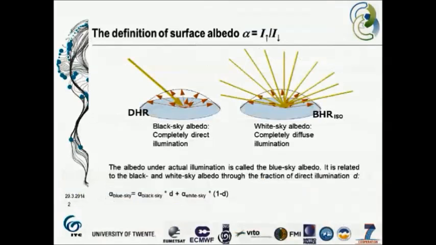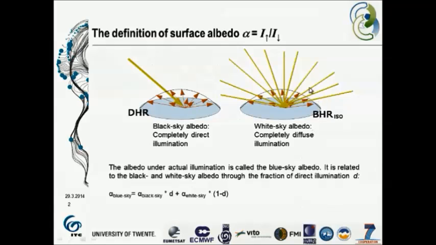So first is albedo. If somebody is not familiar with it, it is the ratio of the hemispherically reflected radiation to the incoming irradiance. We have two extremes. The black sky albedo, which means that the incoming irradiance is only the directional component.